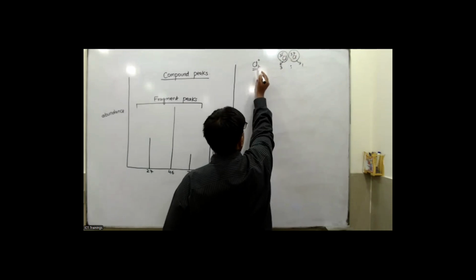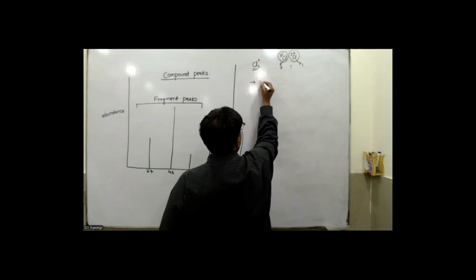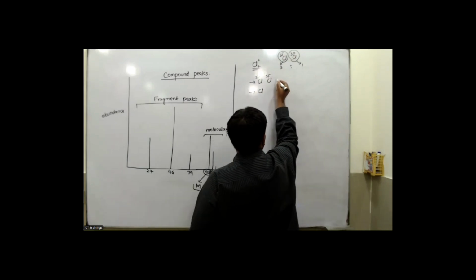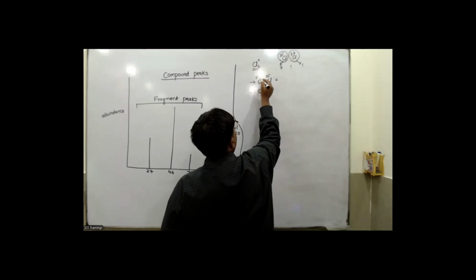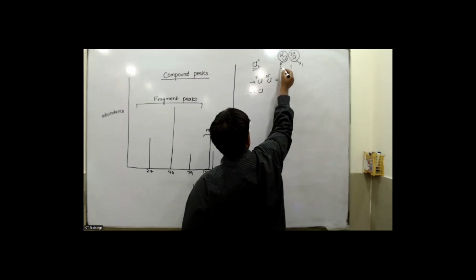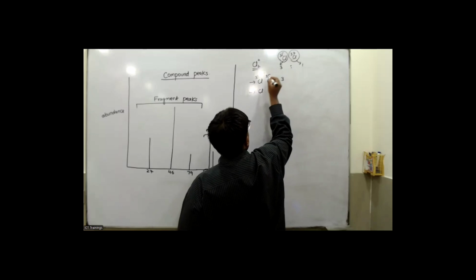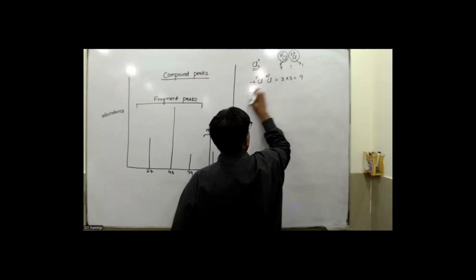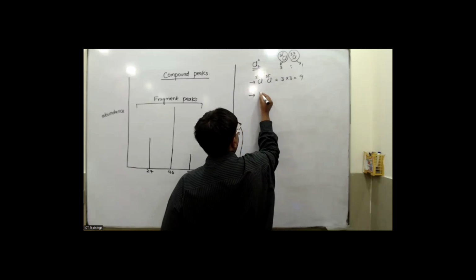So if you got two chlorine atoms, both atoms could be 35. The first option: 35 has the ratio 3, and this one is also 3, so 3 into 3 is 9. In the second option, you got Cl35 and Cl37.